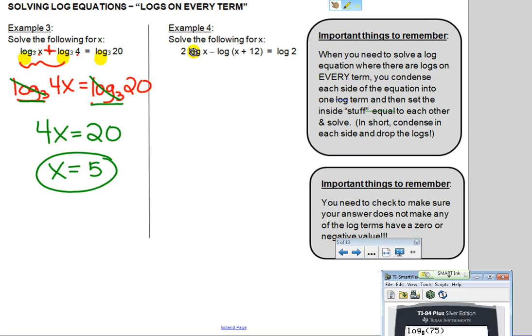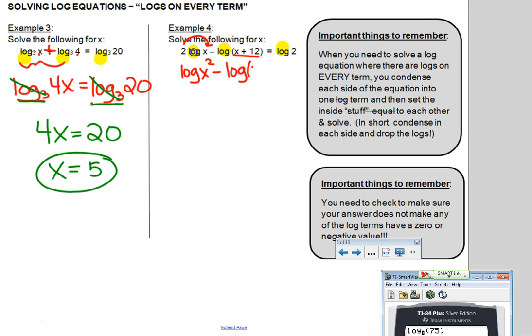If you have logs on all the terms, that means we're going to simplify each side as much as possible using our laws of logarithms we learned last class. So the 2 power is going to go back up here. Now please note this is not a rule. That's already combined.